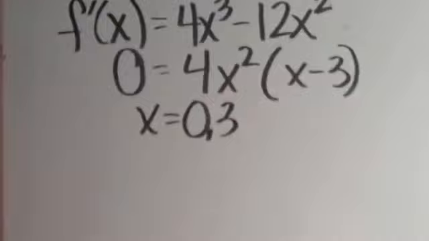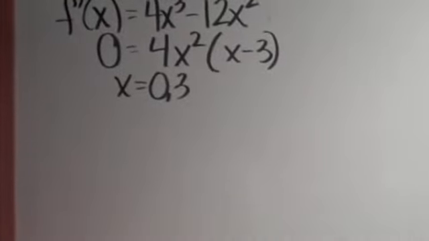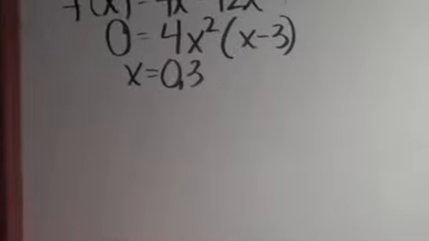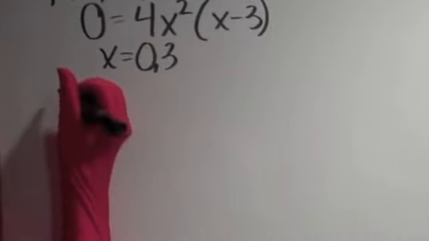Now we must find if they are maximums or minimums. We will plug these points into the second derivative test. In order to do this, we must find the second derivative.